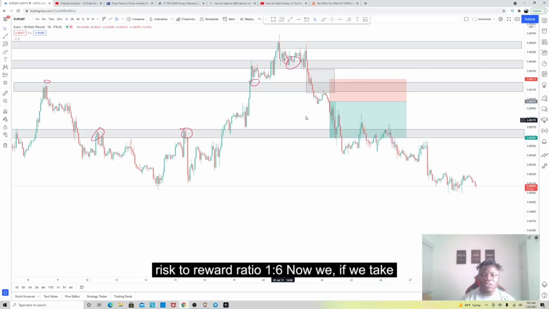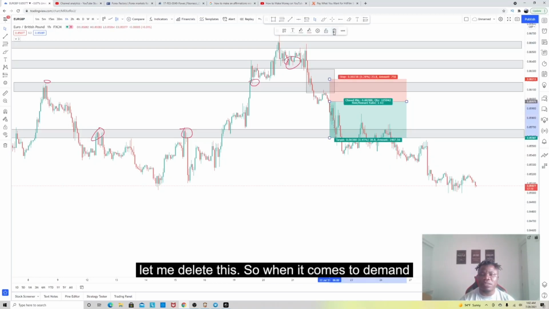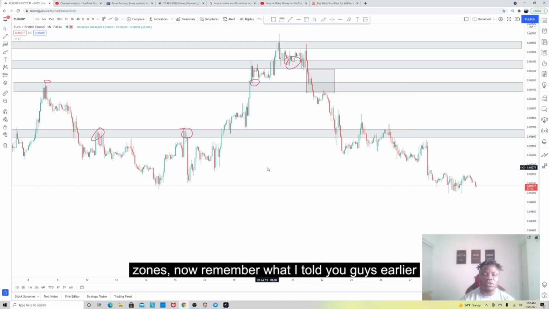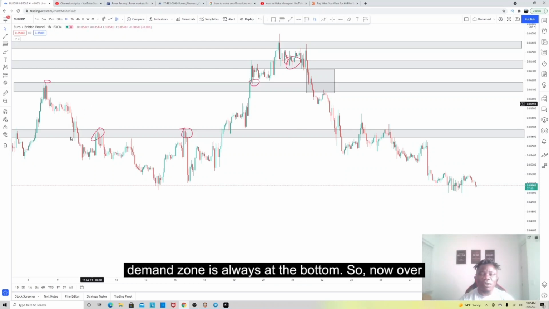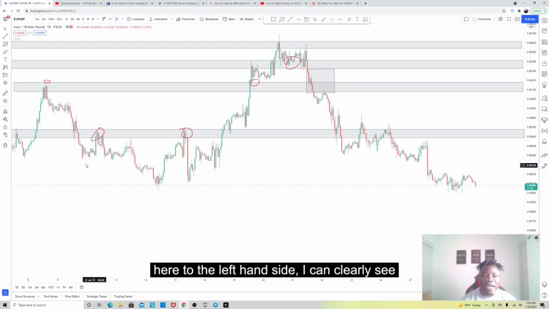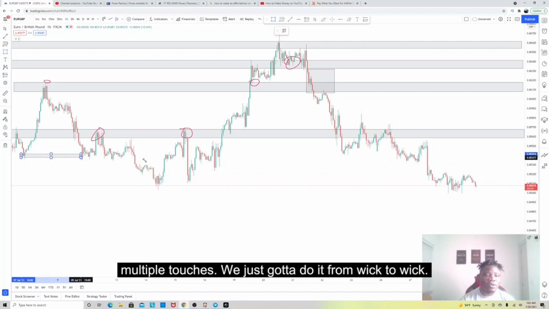Now if we take a look over here, when it comes to demand zones, let me delete this. So when it comes to demand zones, now remember what I told you guys earlier, your supply zone is always at the top and your demand zone is always at the bottom. So now over here to the left hand side, I can clearly see that we have the rejections right over here, multiple touches.